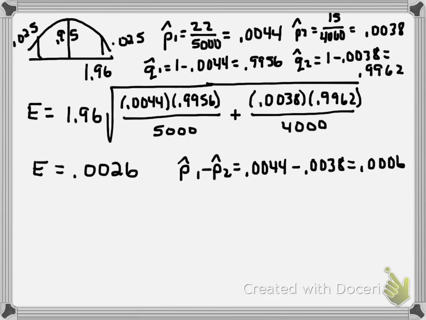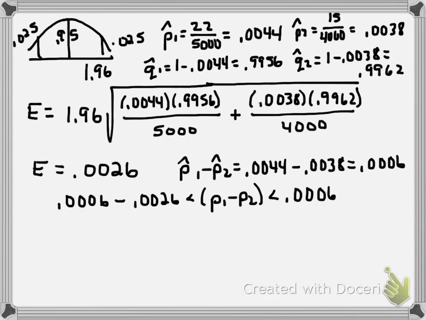And now we can find the confidence interval. So we have p hat 1 minus p hat 2, that's 0.0006, and subtract the error, 0.0026, is less than, in the center we have p1 minus p2. On the right side we have 0.0006 plus the error of 0.0026.